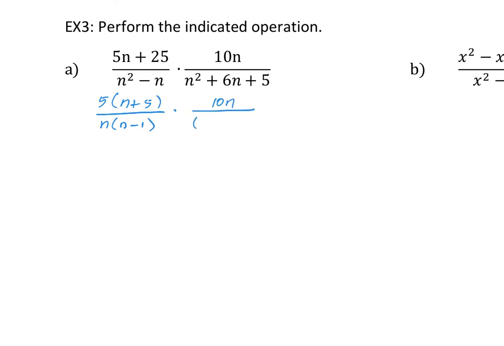Denominator will factor as n plus 5, n plus 1. So I can see that I can cancel the n plus 5, top and bottom, and also an n. So now that it's reduced, I'm going to do the multiplication. The numerator is 5 times 10, so I have 50.